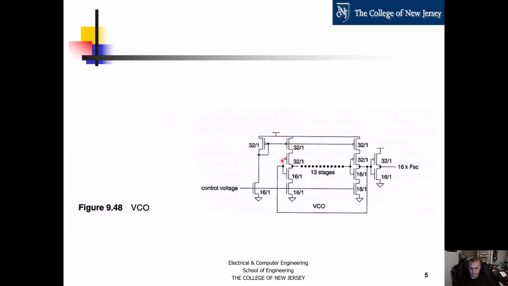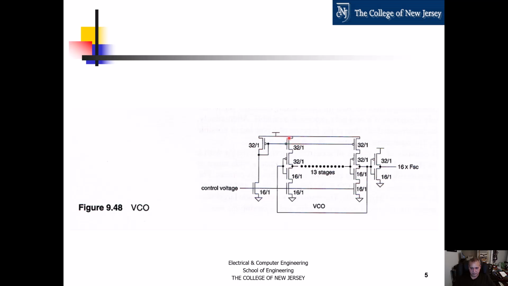So you can see the inverters made out of these two transistors in the middle. That's an inverter. Input, output of the inverter. But then we have these two additional transistors on top, one on top and one at the bottom. Those are variable resistors.